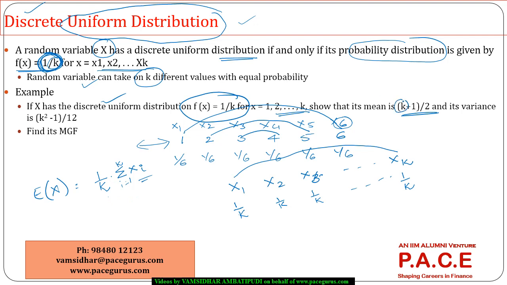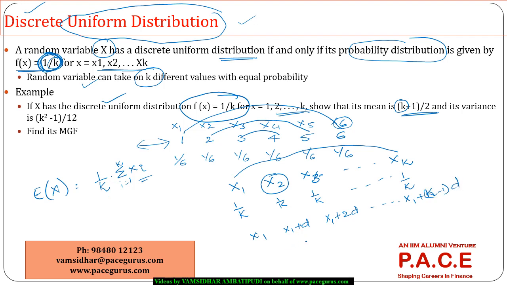So you can write x2 as x1 plus d, and the next as x1 plus 2d. We are talking about the same gap: x1 plus n minus 1 into d, or k minus 1 into d.